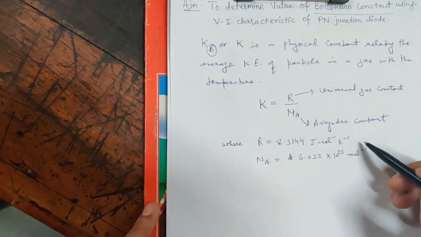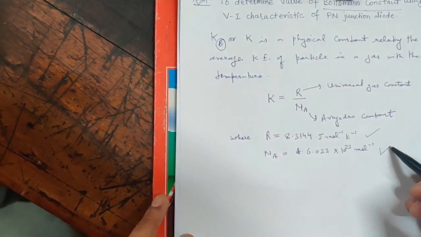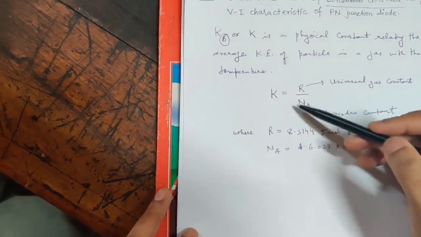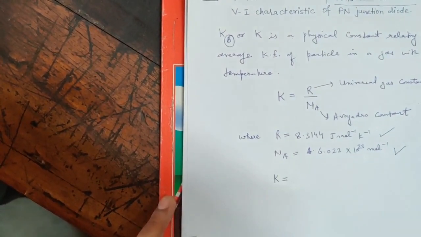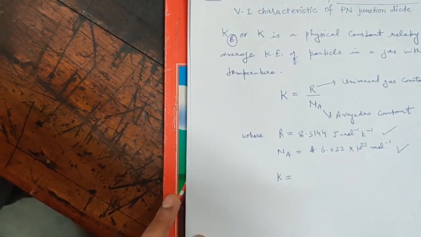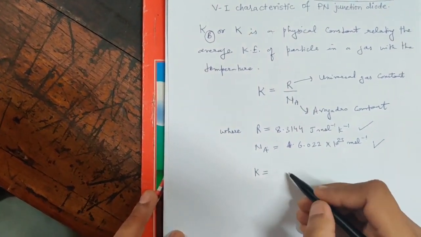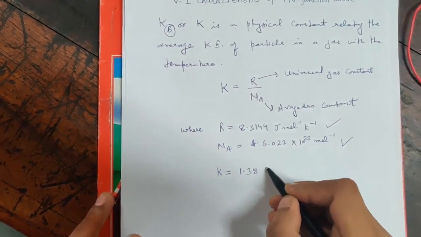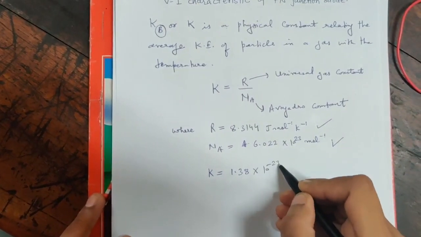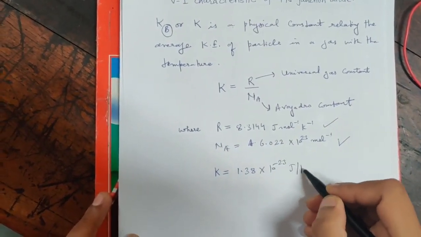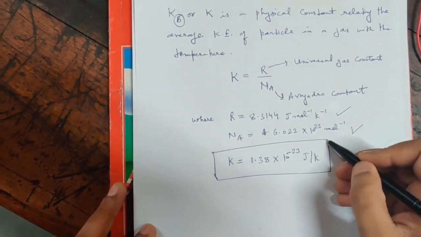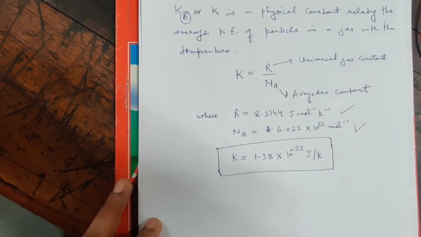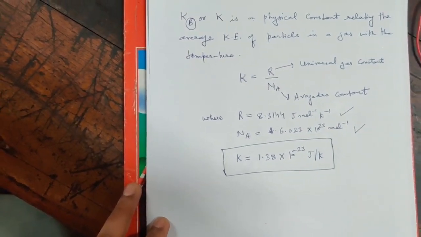If I put R and Na over here, I can find this value of K, which comes out to be 1.38 into 10 to the power minus 23 joule per Kelvin. This value we have to find out in our experiment.